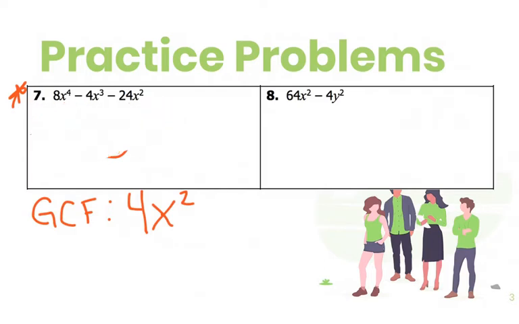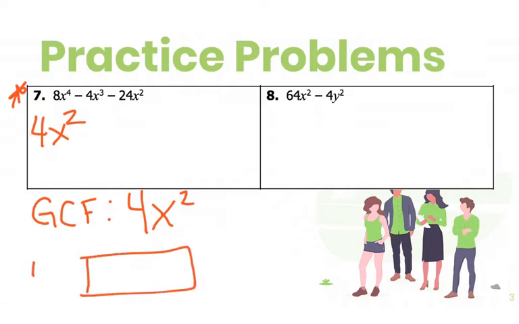So this is one of my pieces, one of my factors, 4x squared. And in fact, if I wanted to do area model, I could put 4x squared as one of my lengths on the outside. All right, so now let's see what's left in the parentheses.